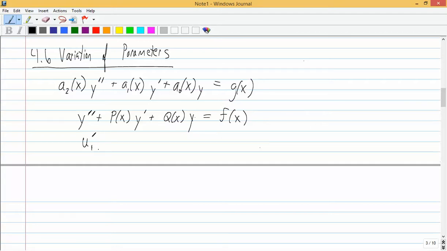I'm going to go ahead and write down these formulas. u sub 1 prime is w sub 1 divided by w, and those w's are going to stand for something else I'm going to show you in a second. And we also have a term called u sub 2 prime, which is w sub 2 divided by w.